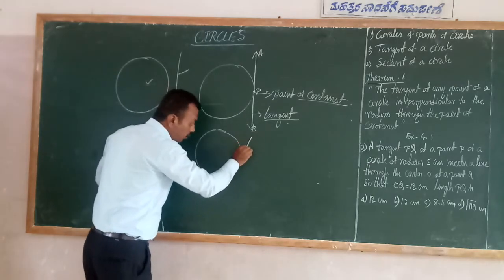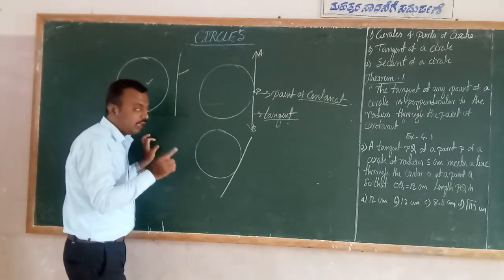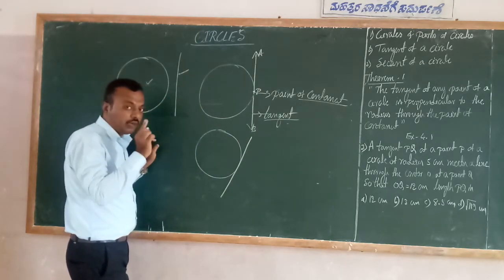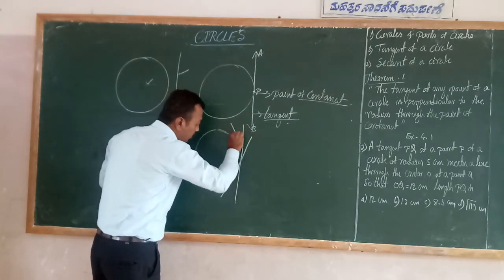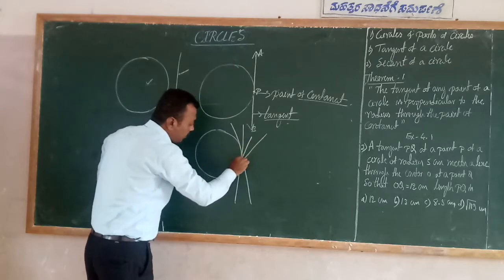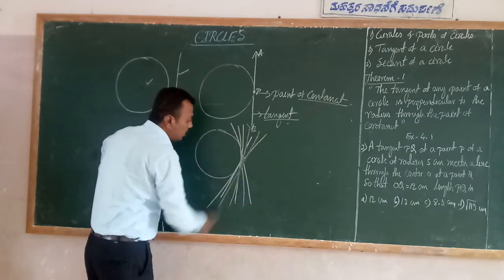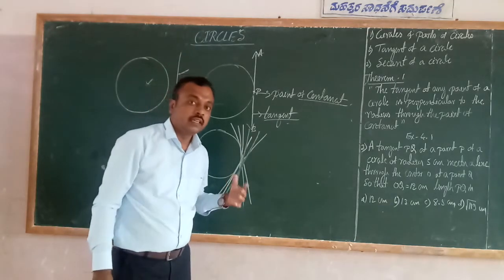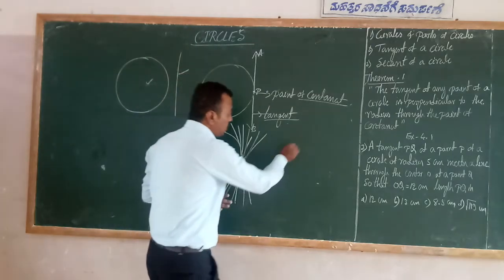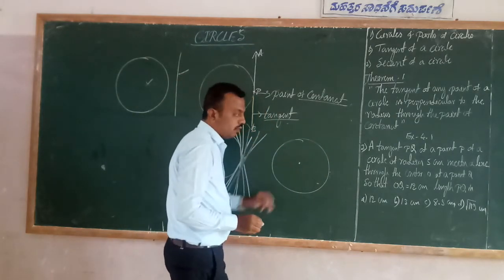See, you can draw any kind of line, but that line intersects at only one point. How many tangents? An infinite number of tangents can be drawn to a circle. Okay students, see this circle, this is the center of the circle.